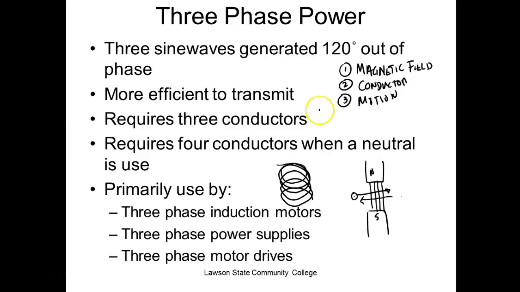Now, what determines the amount, if we go down this list, is the strength of the field, number 2 is the number of conductor coils. So each loop, we wrap them in coils. We don't just string them out, they're actually wrapped. And number 3 would be the speed of the motion.